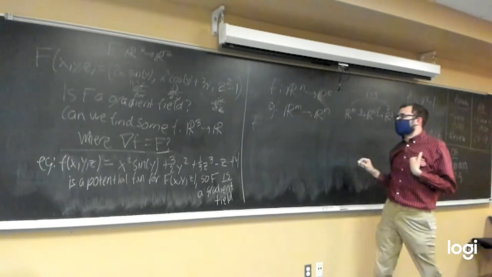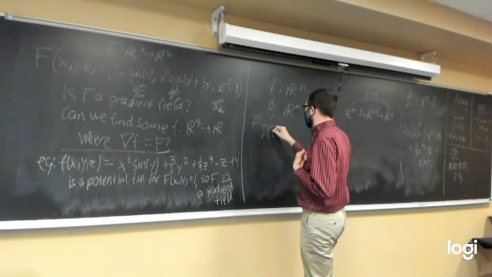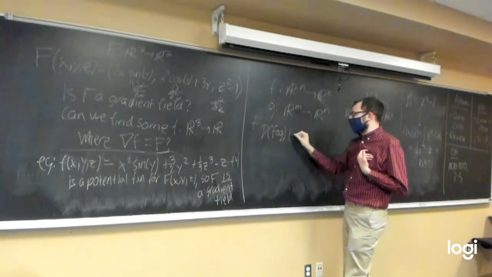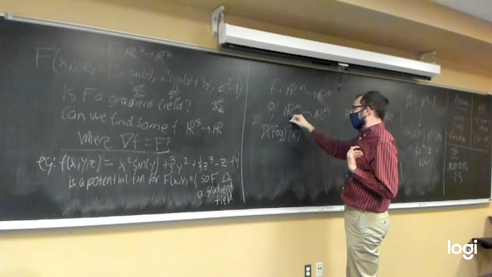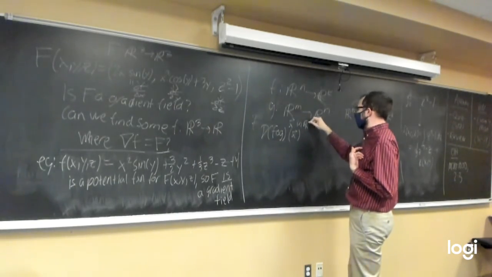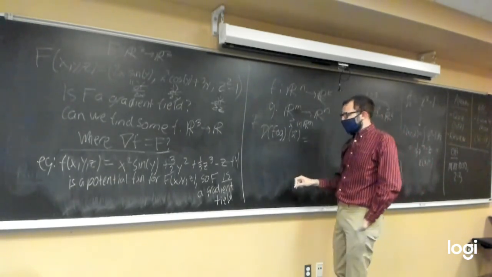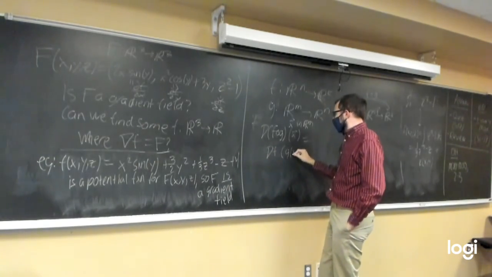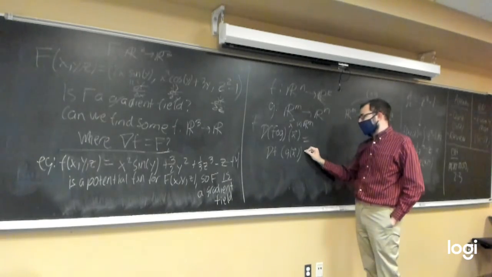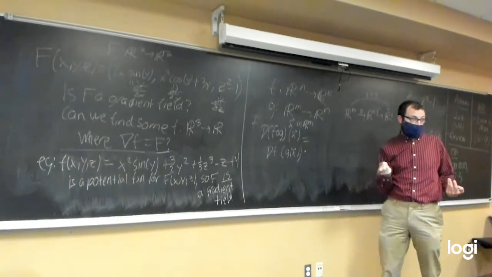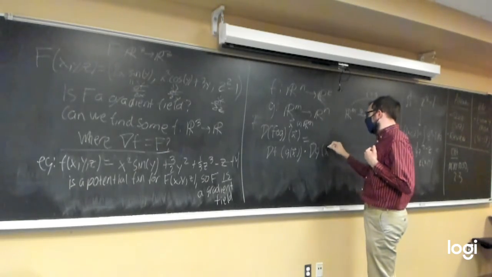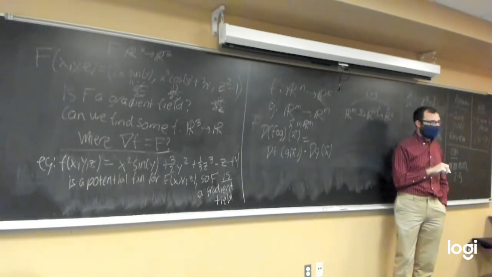Then what the multivariable chain rule tells us is that the derivative of f composed with g of a vector x, where x is in R^m, is going to be the same as the derivative of f evaluated at g of x, multiplied, and this is matrix multiplication, by the derivative of g taken with respect to x.